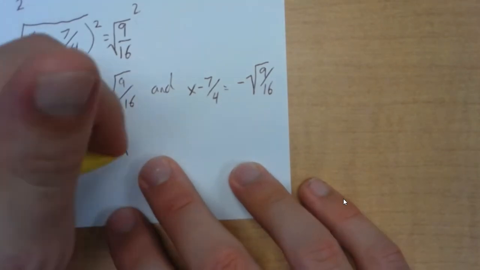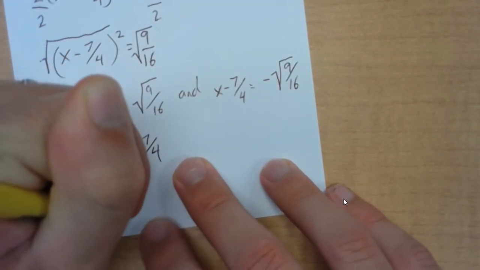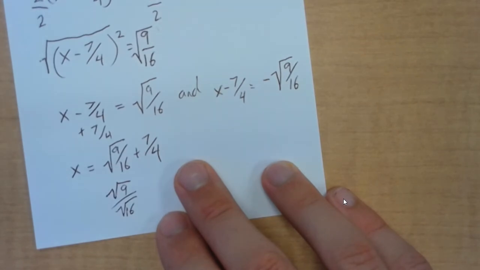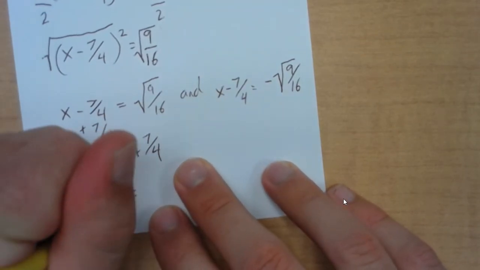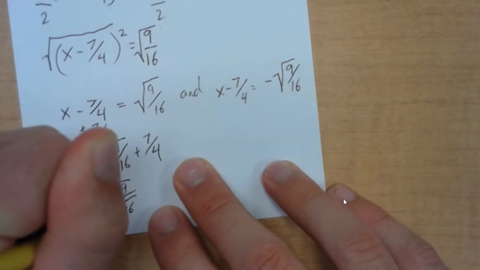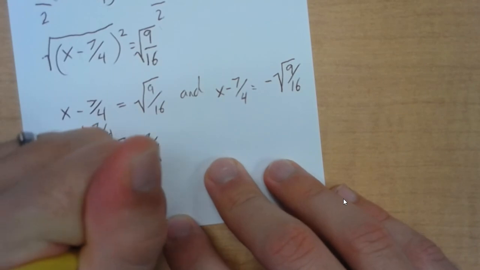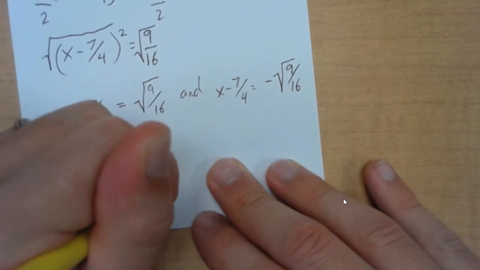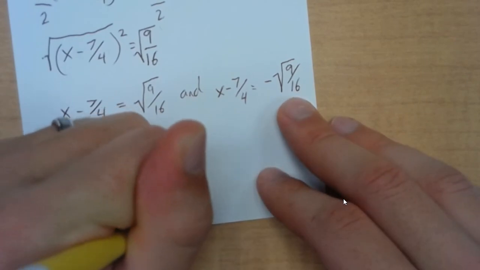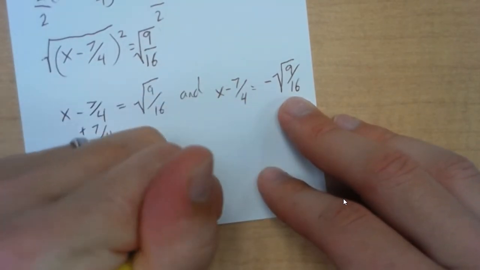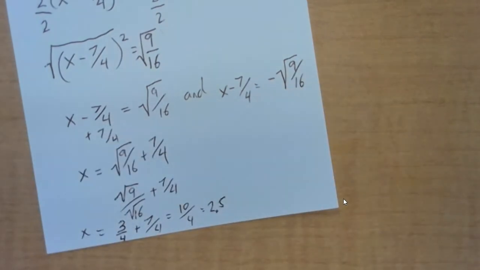Square root of 9 sixteenths can be written as the square root of 9 divided by the square root of 16. And the square root of 9 is 3, the square root of 16 is 4, so that's actually 3/4. So we have 3/4 plus 7/4, and that's 10/4. 2.5 in decimal form. Okay, so I guess it wasn't that bad.